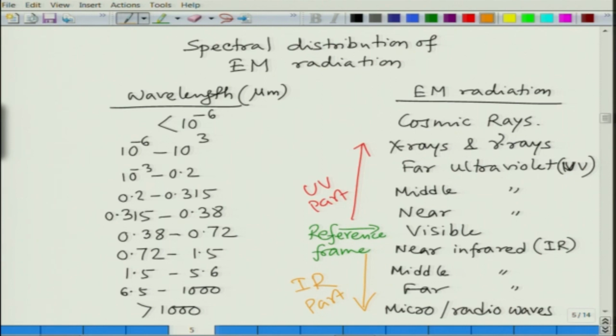Now, with this knowledge of spectrum, if we look at solar radiation and its wavelength range, that is 0.15 micrometer to 3 micrometer.